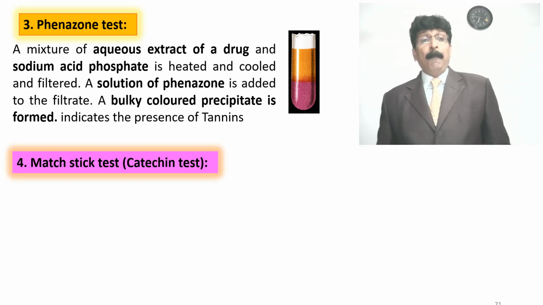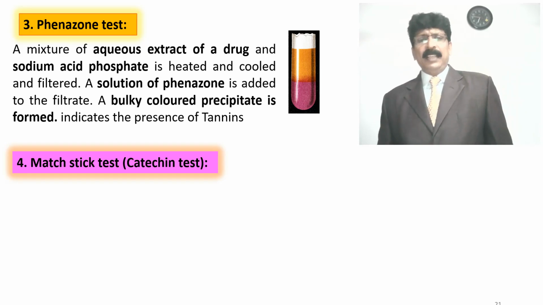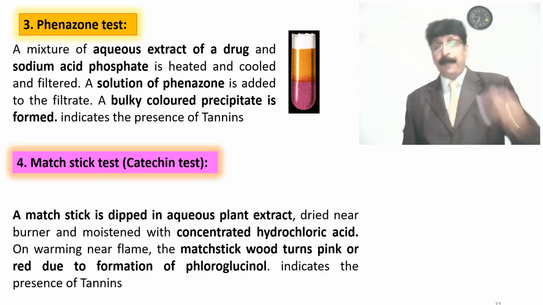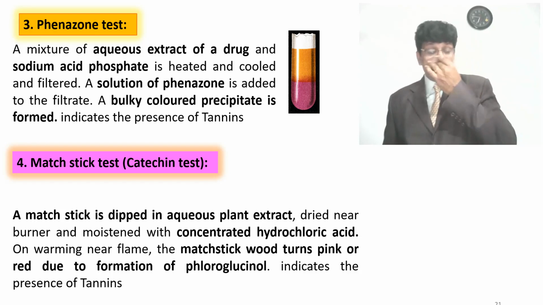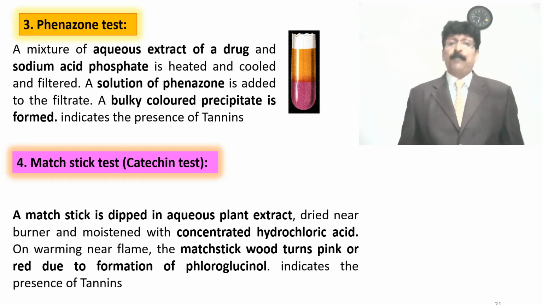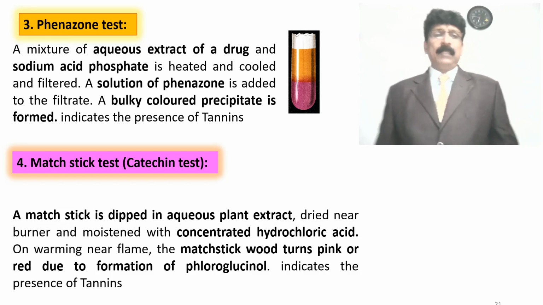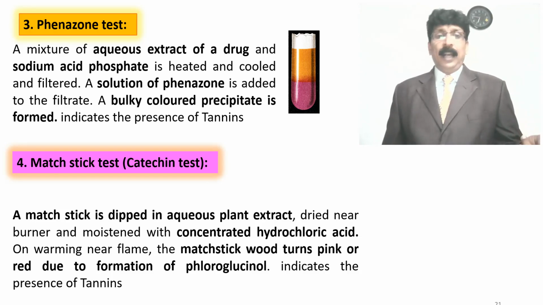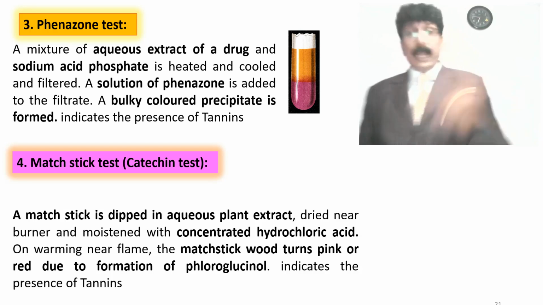The matchstick test, the catechin test, is an interesting trick. Take a matchstick, without the phosphorus, and dip it in an aqueous plant extract. Dry near the burner and moisten with concentrated hydrochloric acid.